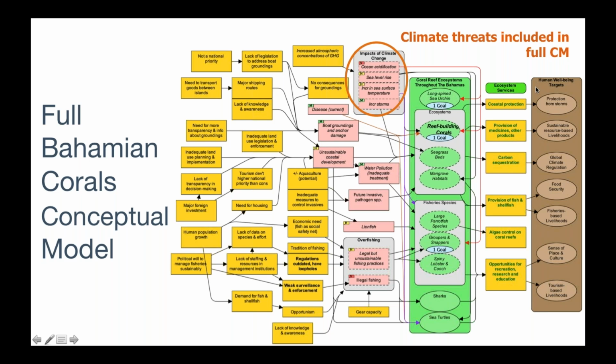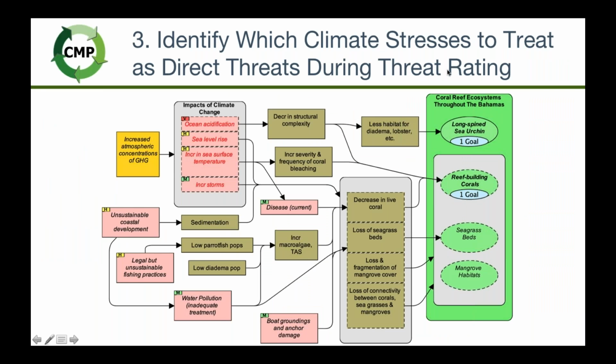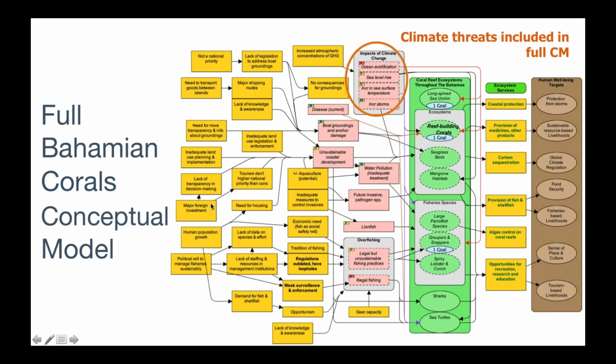There's just going to be a lot going on in it. So I like this approach of really drilling into the details of climate change on this separate page, and then taking what you're treating as your climate threats and dumping them into your overall model. I think it's a pretty manageable way of dealing with it.